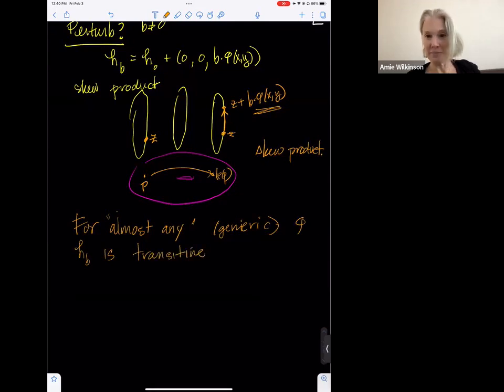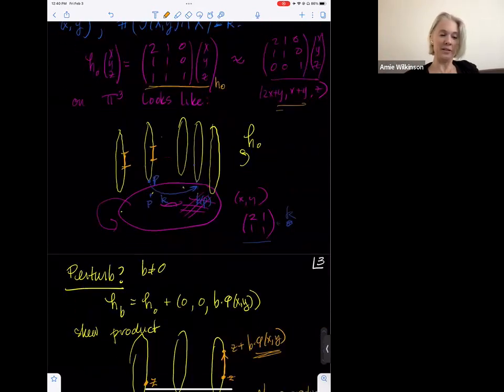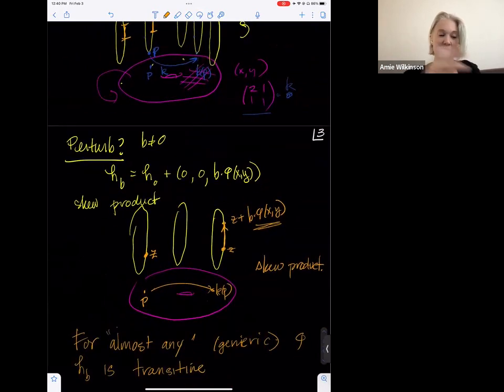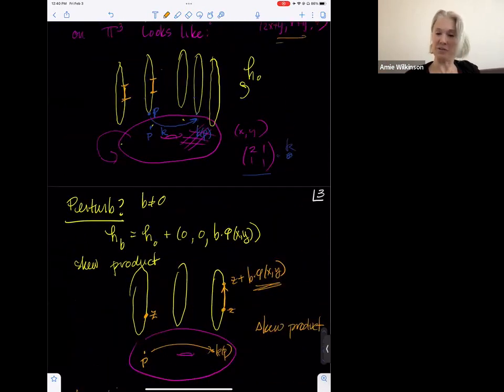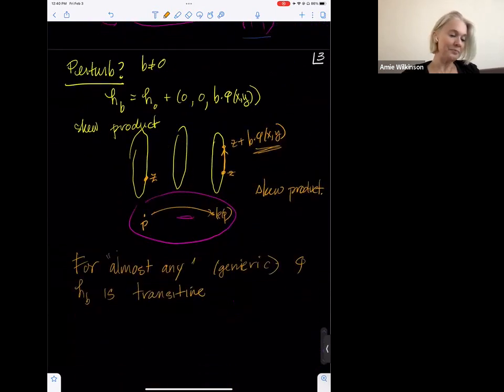It's also ergodic. Almost every orbit is dense. Okay, so by just a weird little mix, I've pushed some of the chaotic behavior now into the fiber, and now I have dense orbits where I didn't have dense orbits before.